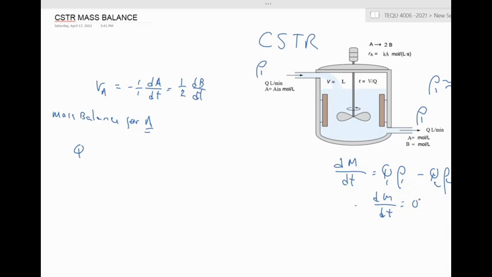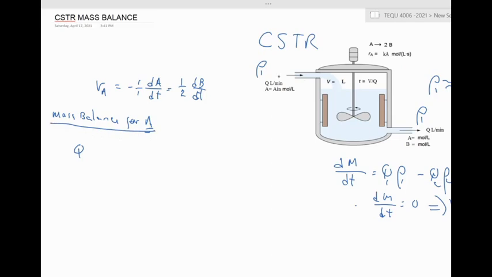That will not change. And that allows me to conclude that V is a constant. Now I can go back and do the mass balance for A.